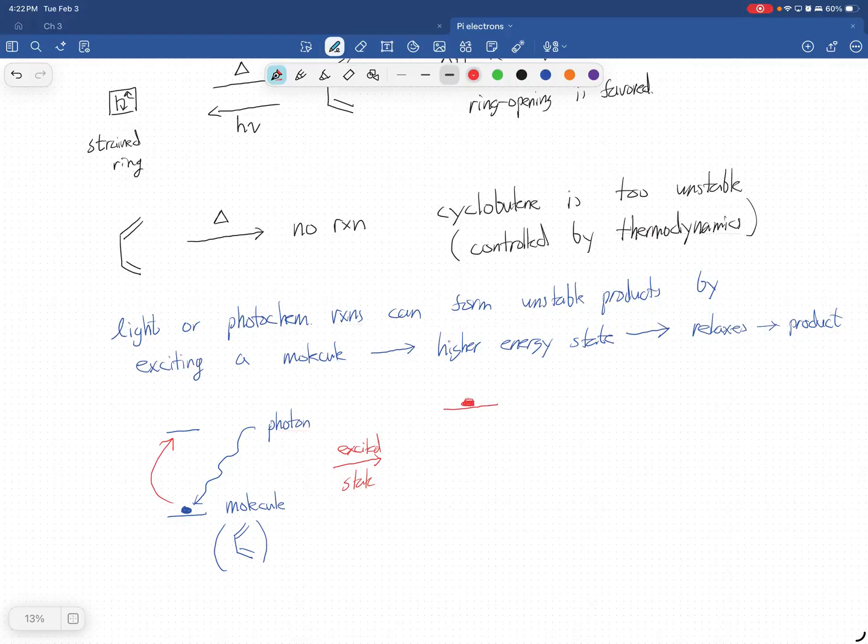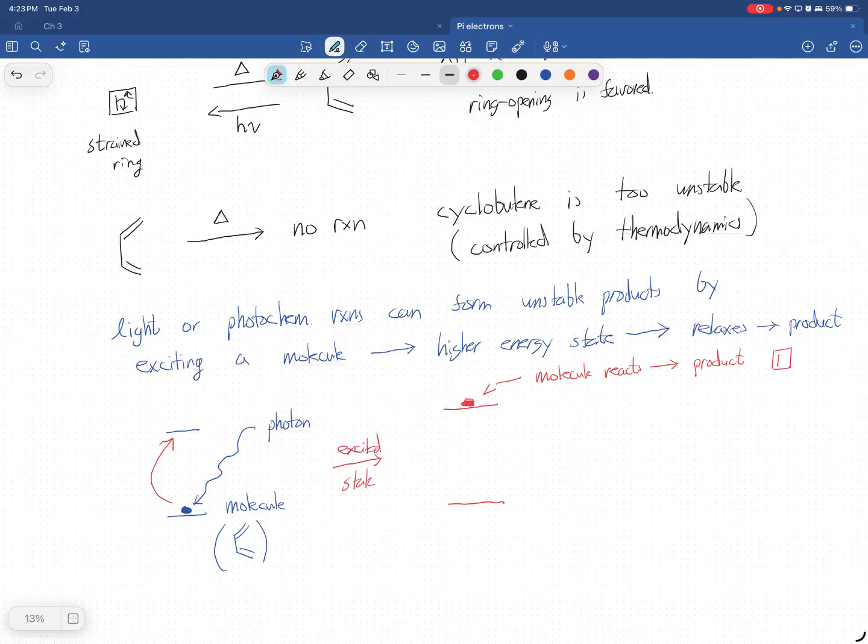Now we're in the higher energy level. When it's in the excited state, it has enough energy to rearrange, its bonds can vibrate, it can rearrange to the product. So it's in the metastable state. Here the molecule reacts, and we get to our product.